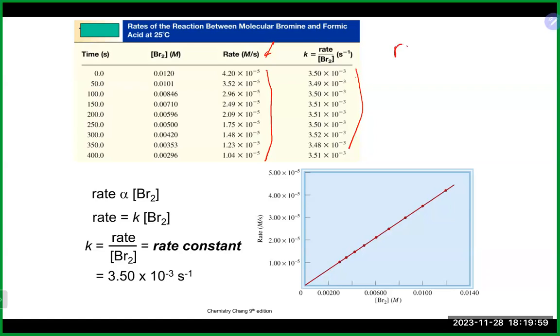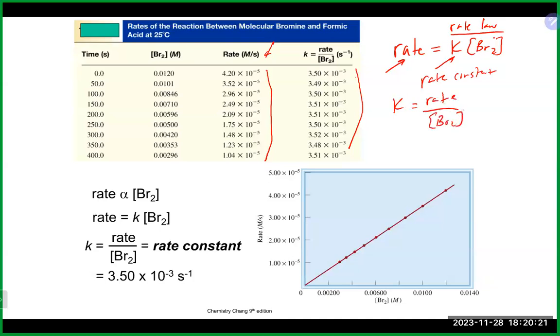And we could write what is sometimes referred to as a rate law that looks something like this. In a rate law, we have the rate, that is the rate constant. And if you solve for the rate constant in this particular example, we get something like this. And we will end up with a constant value all the way through the experiment.